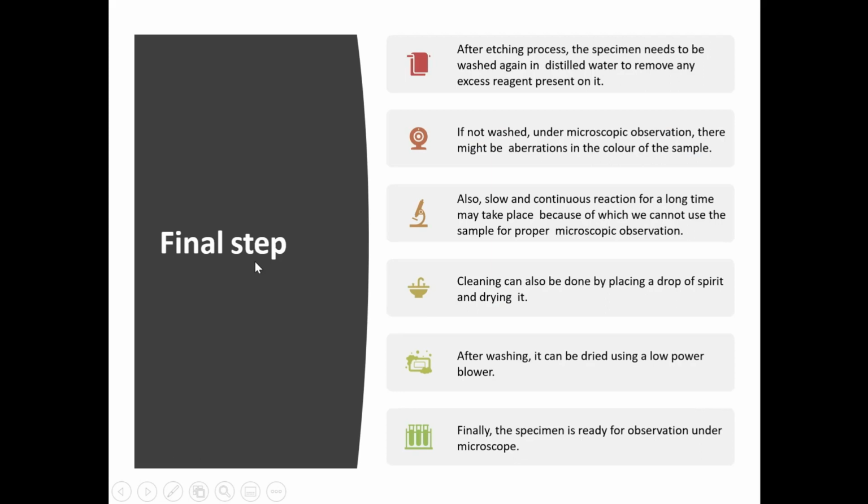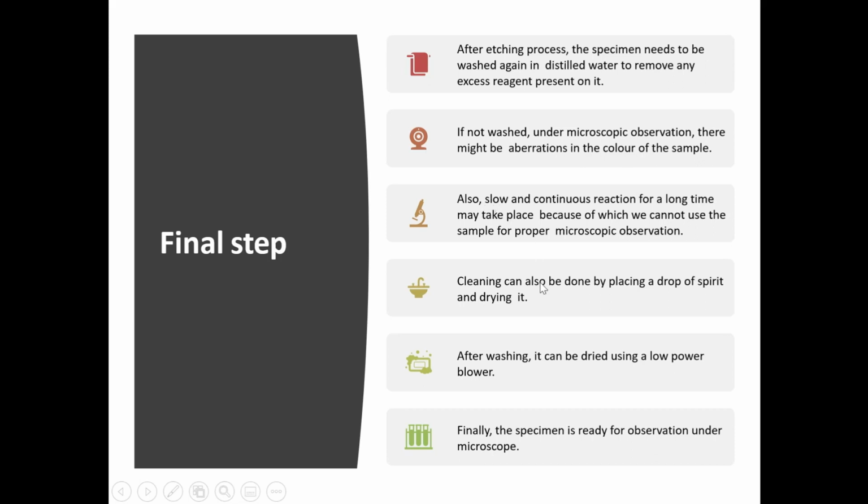So the final step, after the etching process, is that the specimen needs to be washed again in distilled water to remove any excess reagent present on it. If not washed, under microscopic observation there might be aberrations in the color of the sample.